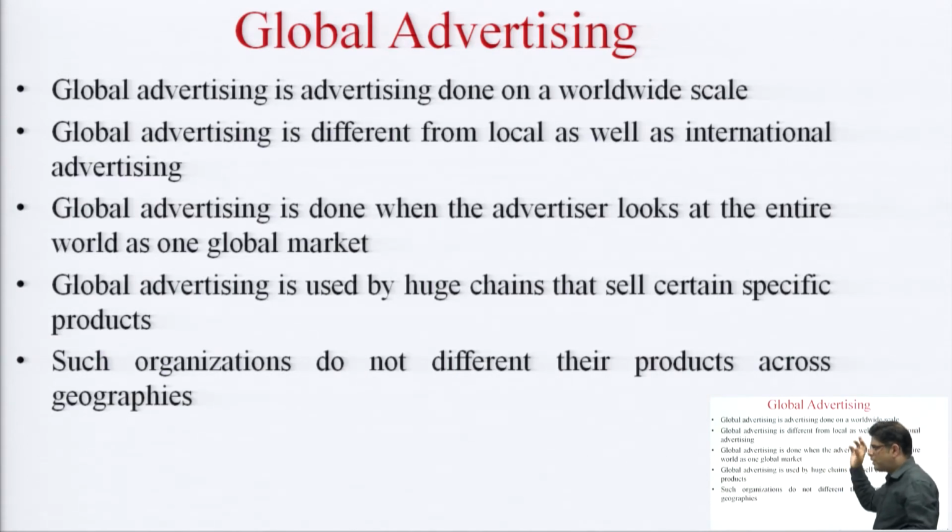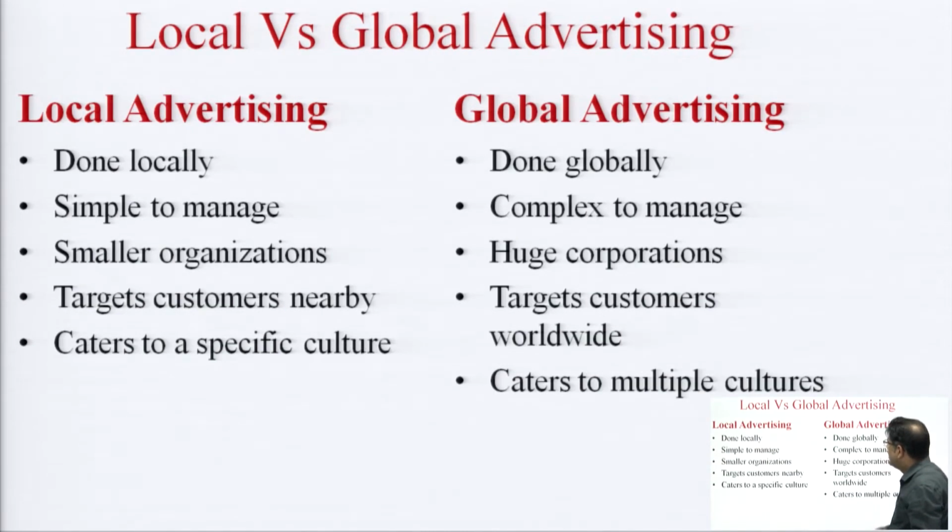The product is extremely standardized, and the methods of advertising, promotion and marketing remain highly standardized and highly global, and the companies, as I said, do not differentiate the products and services across the geographies.